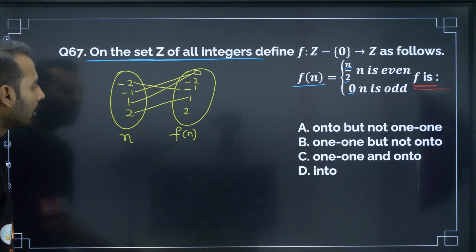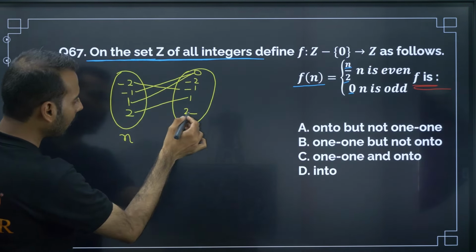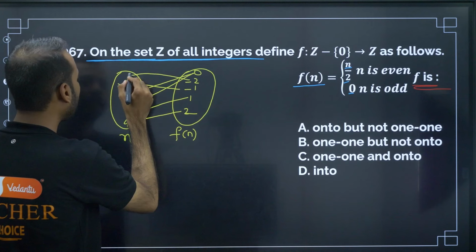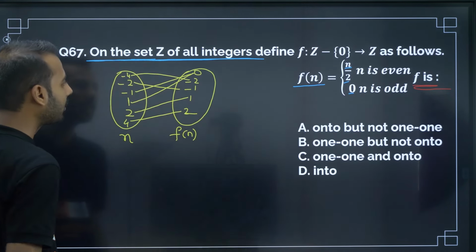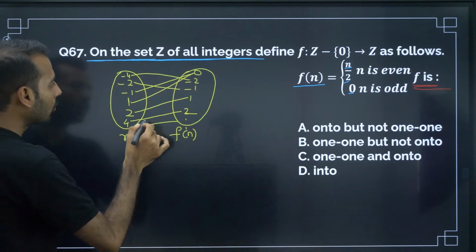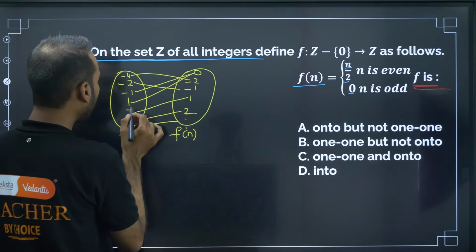Next, suppose I talk about this element, what might be its preimage? 4 might be its preimage. For minus 2, minus 4 might be its preimage. So on, if you consider any element, it will have a preimage. First let me talk about one-one.